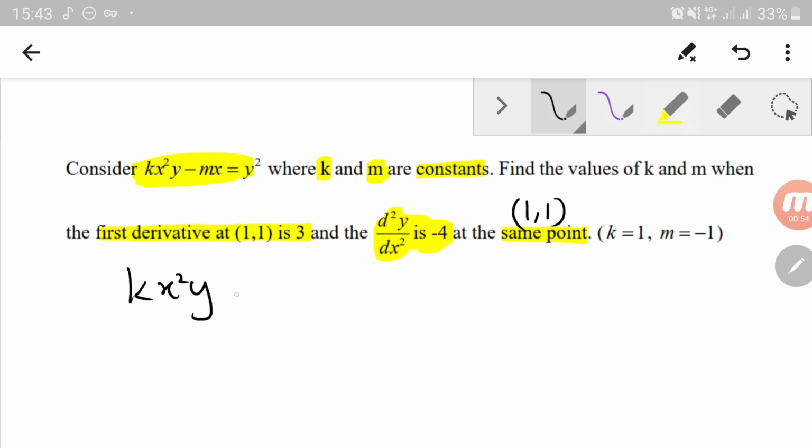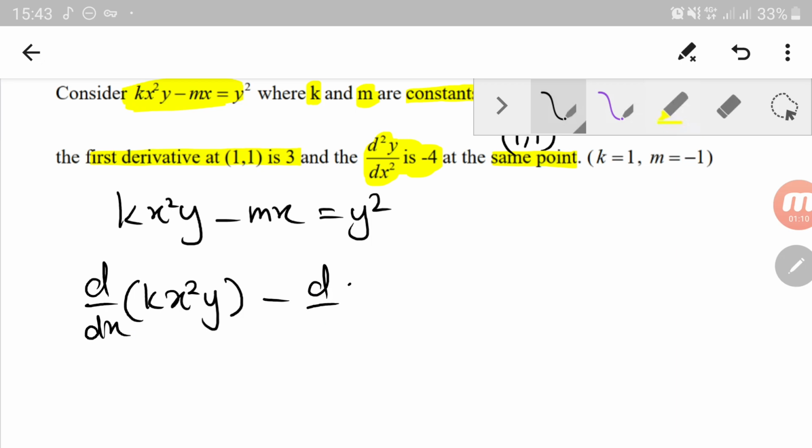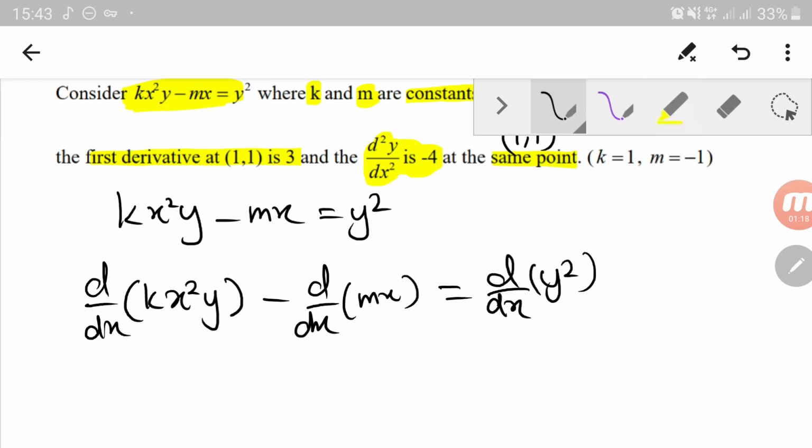kx squared y minus mx equals y squared. So what should we do? We differentiate each term with respect to x: differentiate kx squared y with respect to x, minus differentiate mx with respect to x, equals differentiate y squared with respect to x.